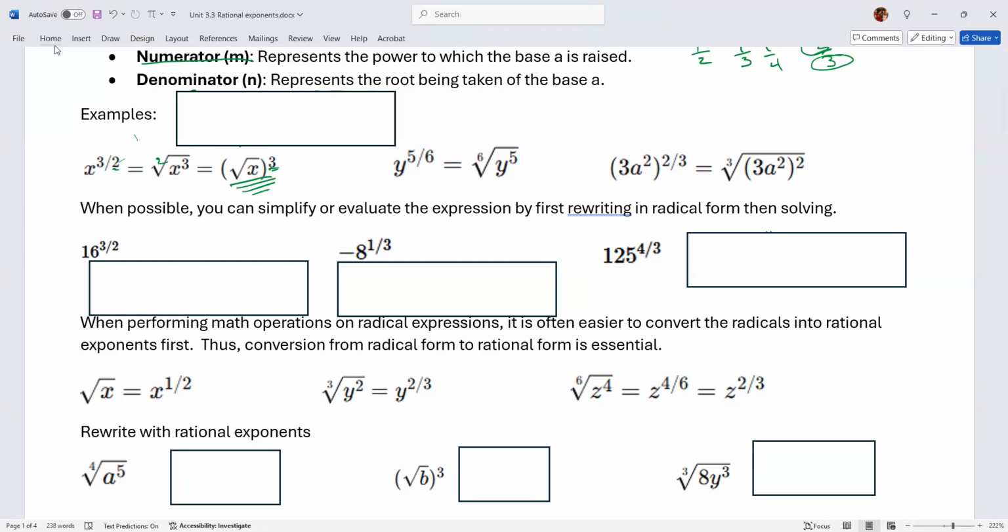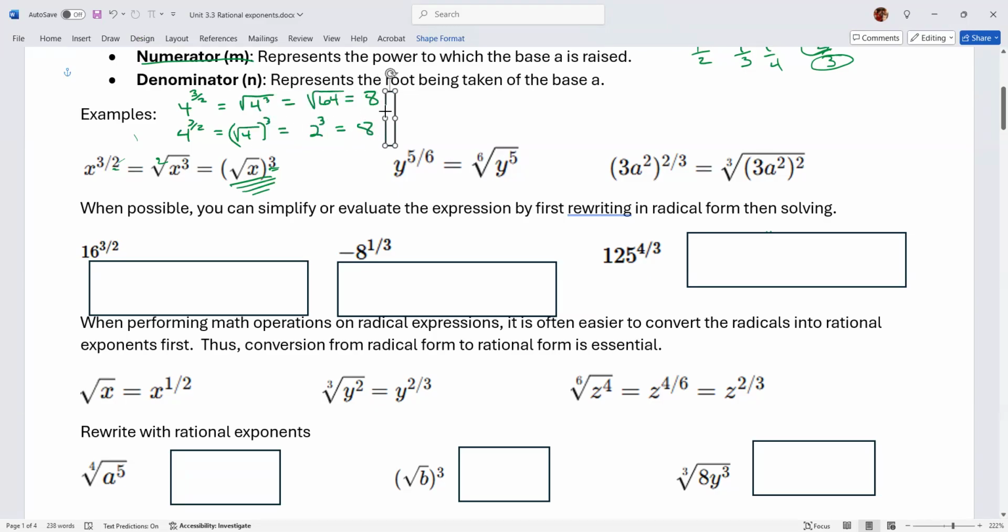But just to show you an example, let me start to reveal some of what's behind here. You can see I've done two versions of the same problem. If I take 4 and raise it to the 3/2, if I do it the first way they showed here, I take the square root of 4 cubed.